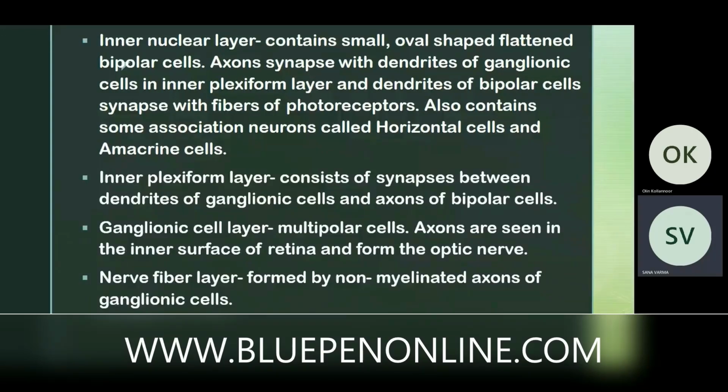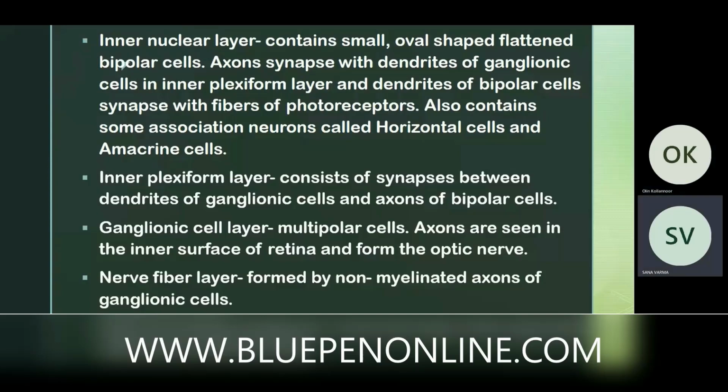And last comes the internal limiting membrane, which is the innermost layer that separates the retina from the vitreous body, the vitreous humor. Okay, so these are the layers of the retina.